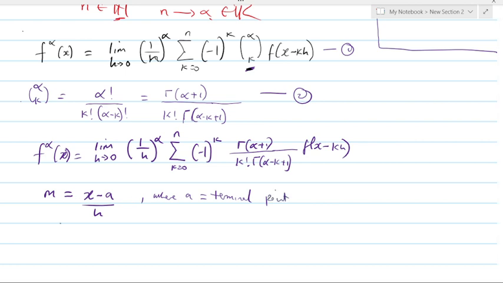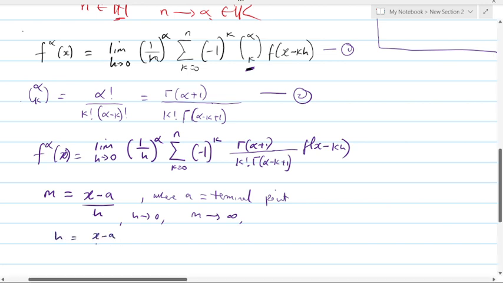So in this function, if h tends to 0, that means that your m will tend to infinity. So with that, making h the subject, we have h equals x minus a over m. So we substitute these two terms in this function.